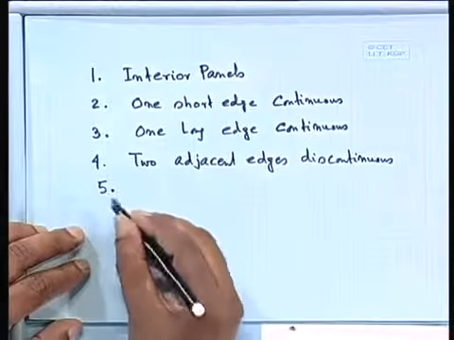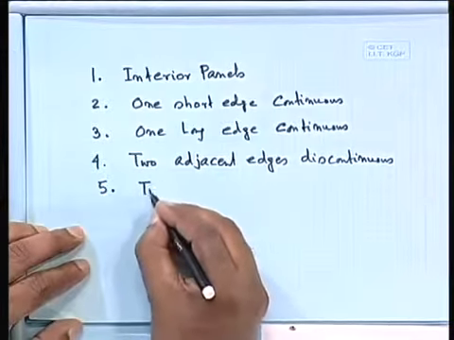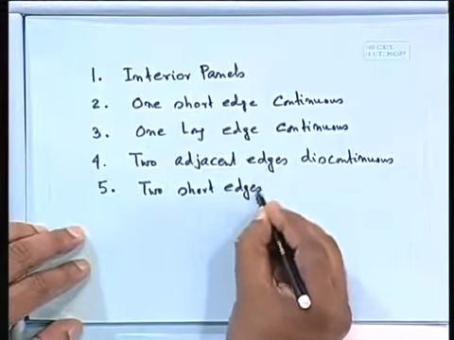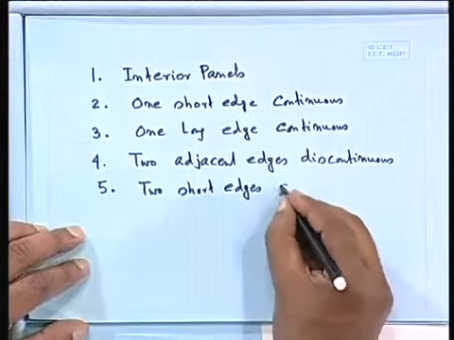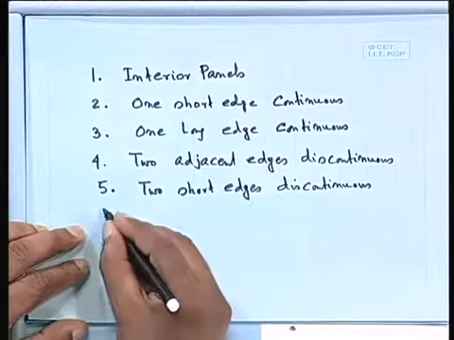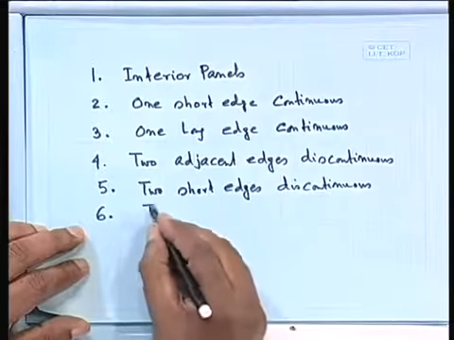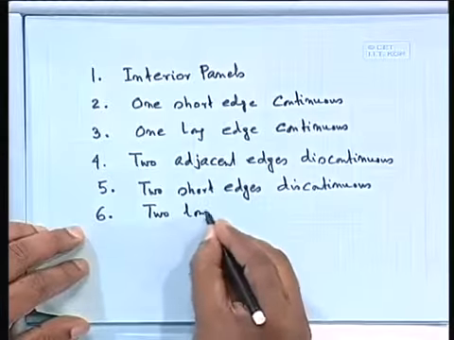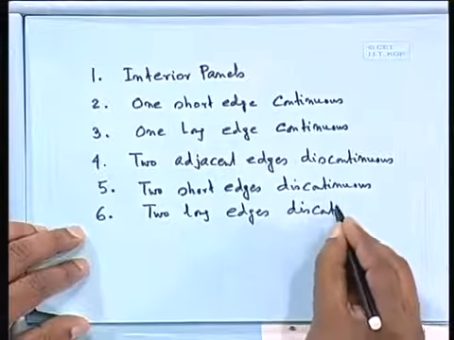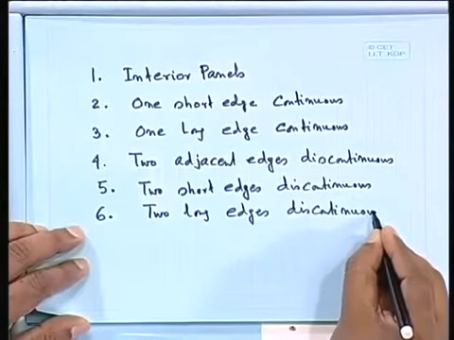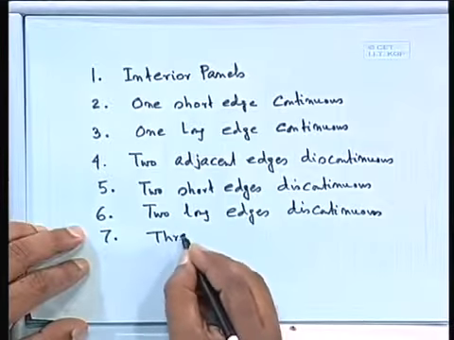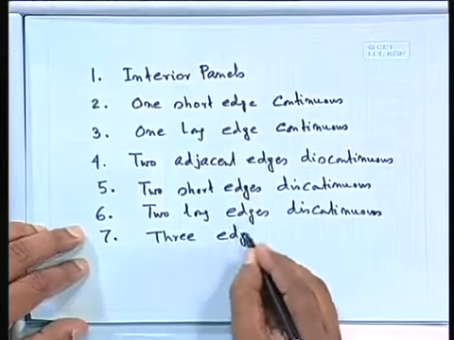Number 5, two short edges discontinuous. Number 6, two long edges discontinuous. Number 7, 3 edges. That means these are the different cases possible.